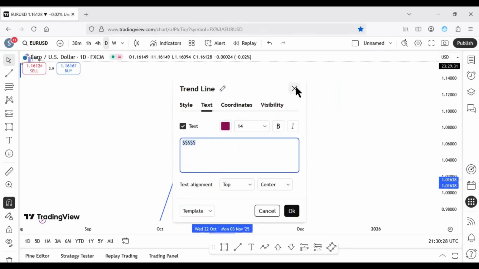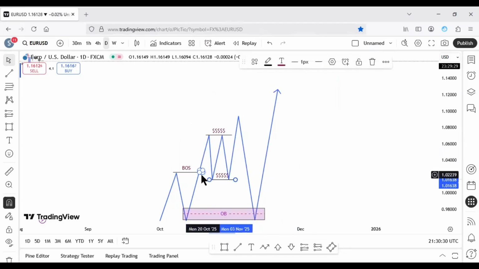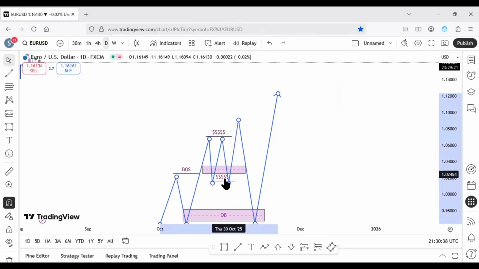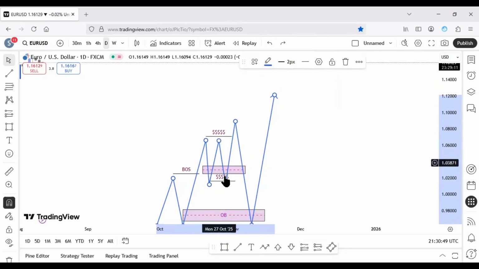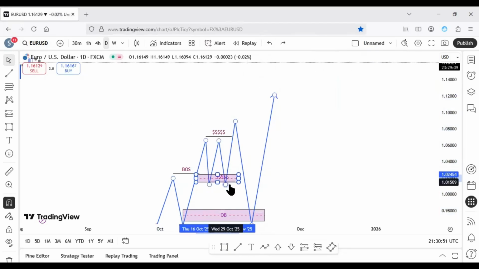Now, the origin that price creates at this level, this is what we call the inducement.